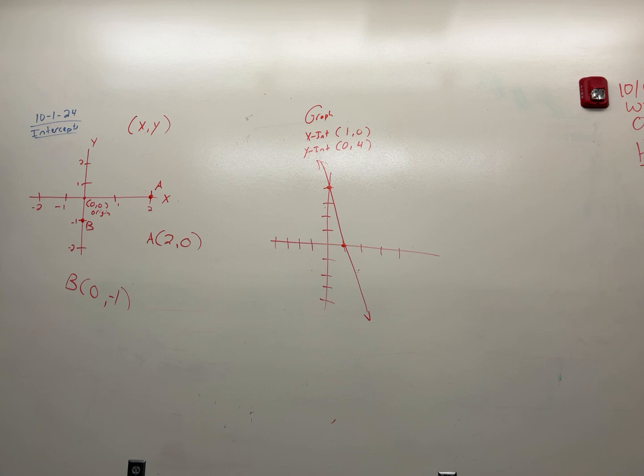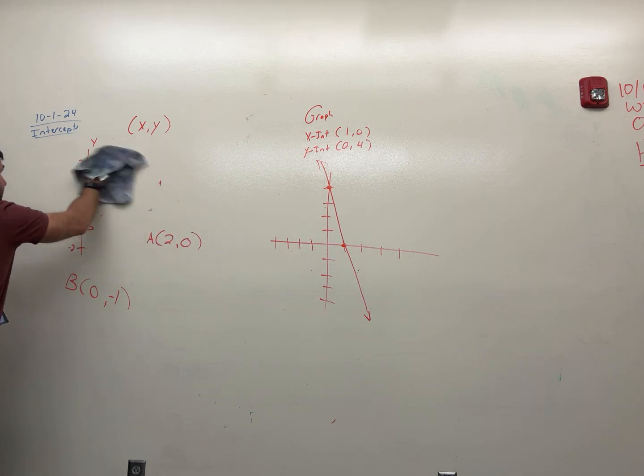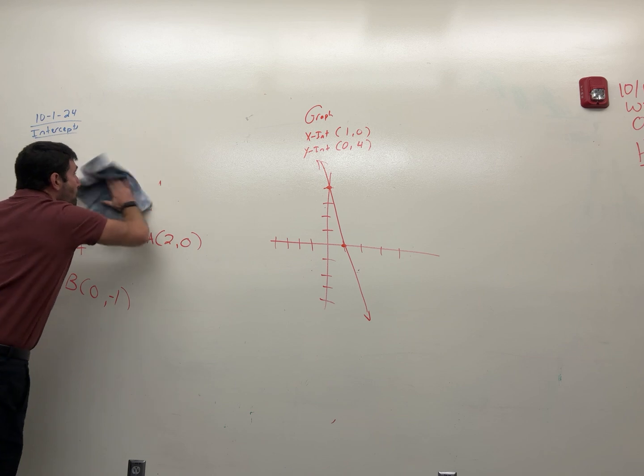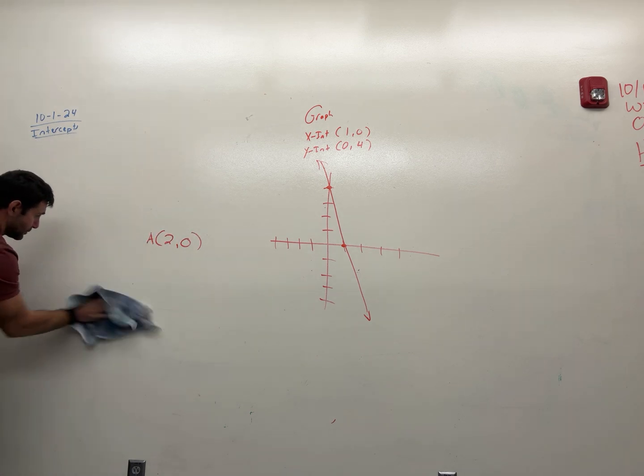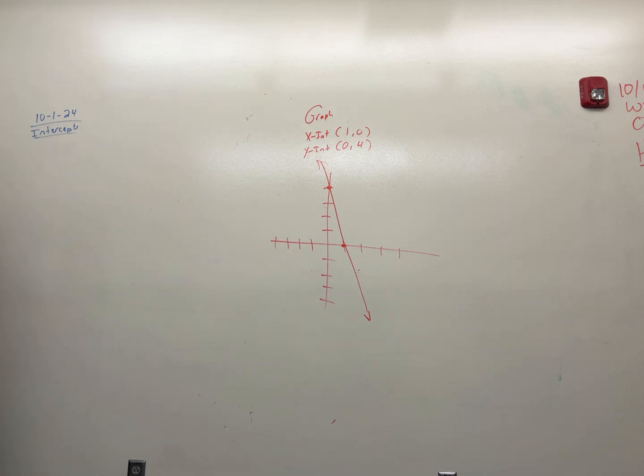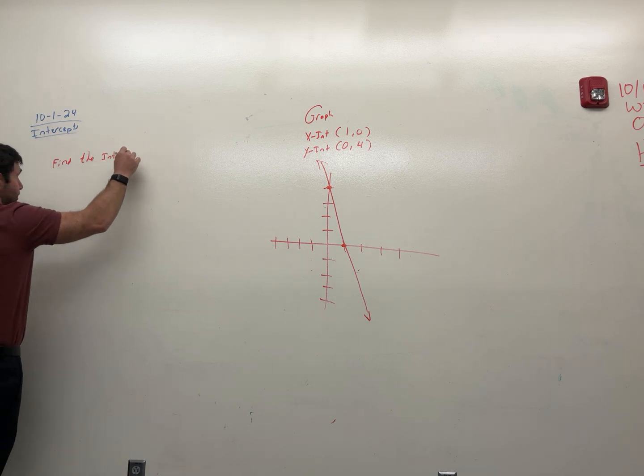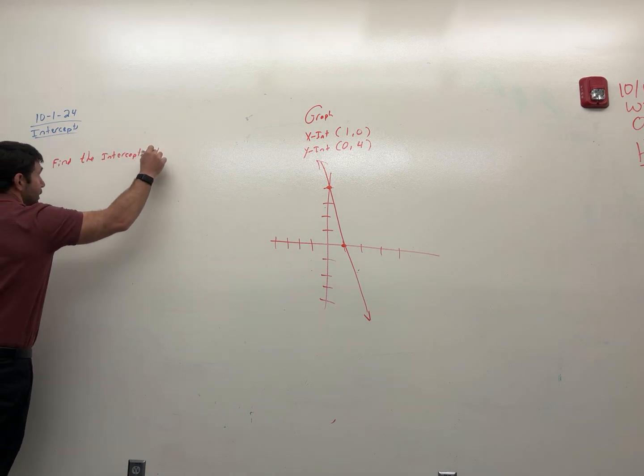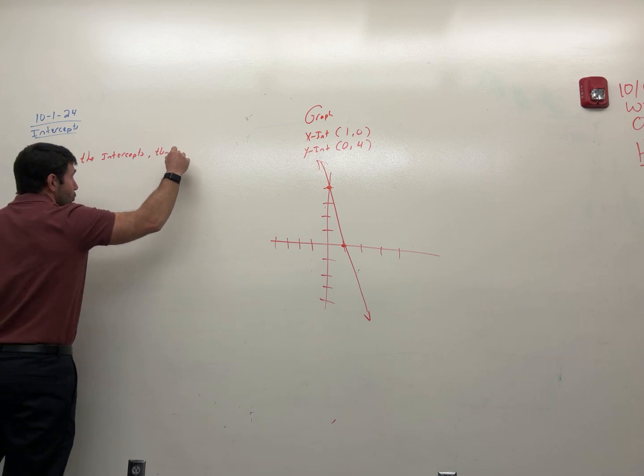That's very easy. That's giving it to you, no problems. But you are going to get problems that look like this. And it's going to say, find the intercepts, then graph.